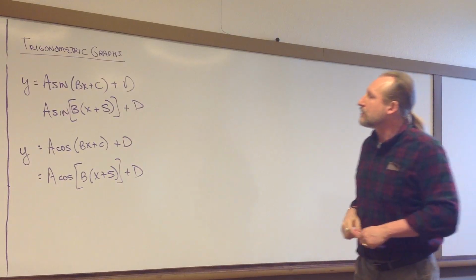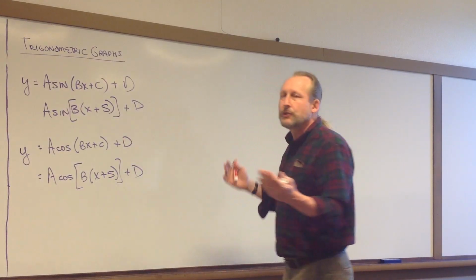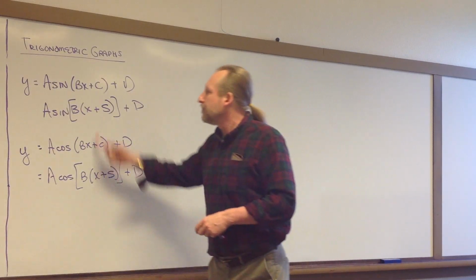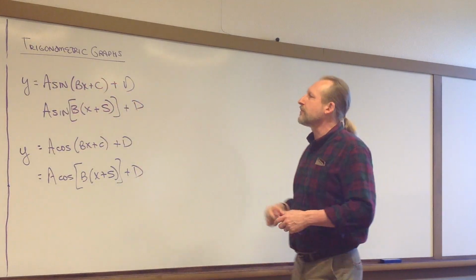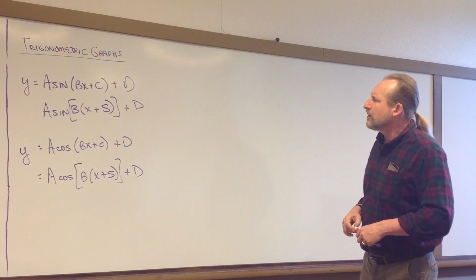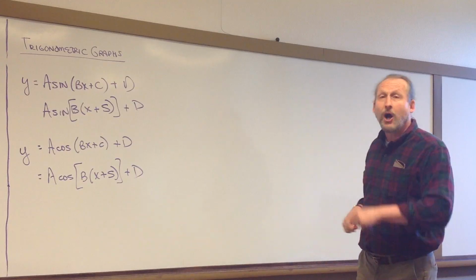All right. So remember, A is the amplitude, D is the vertical shift, B sets the period for the graph, and so on. Oh, right.